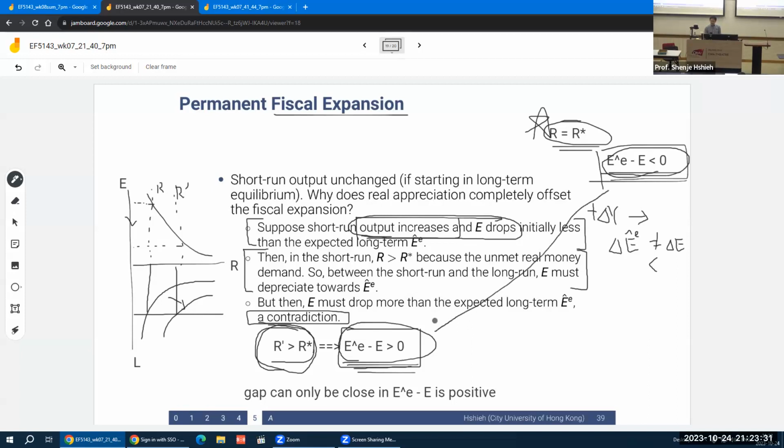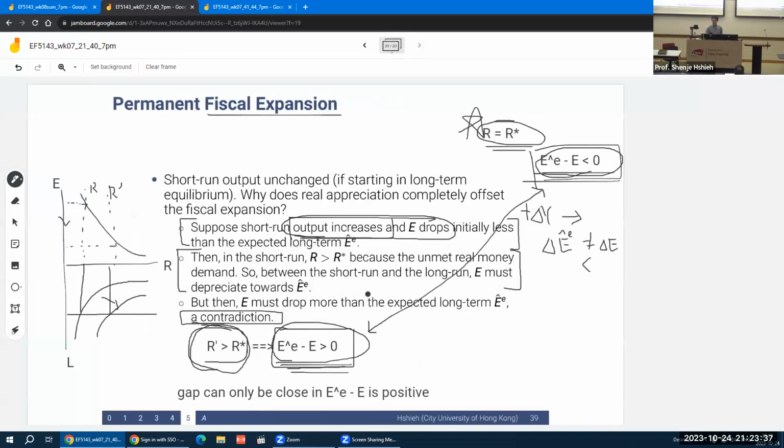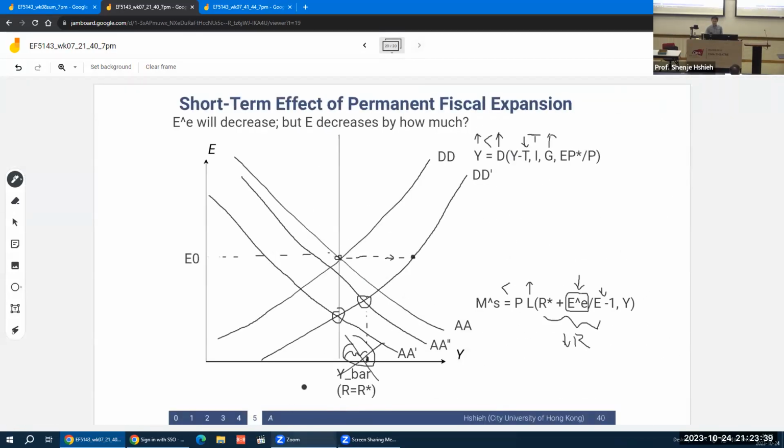These two conditions cannot simultaneously coexist, and therefore our initial assumption of having an output is wrong. And so A prime must decrease until we have nothing. We have zero output. And all we have left is just a stronger currency and zero output.